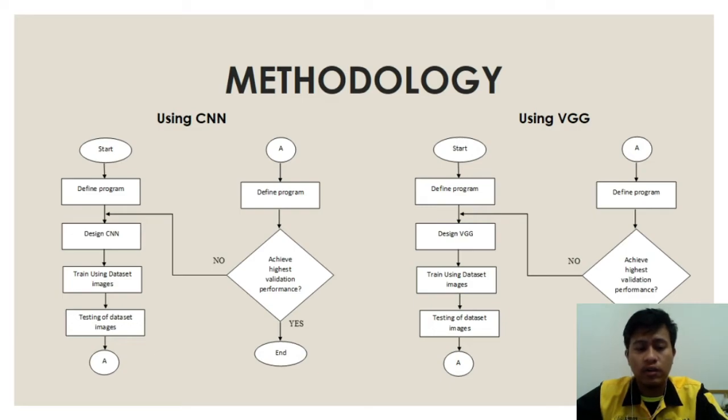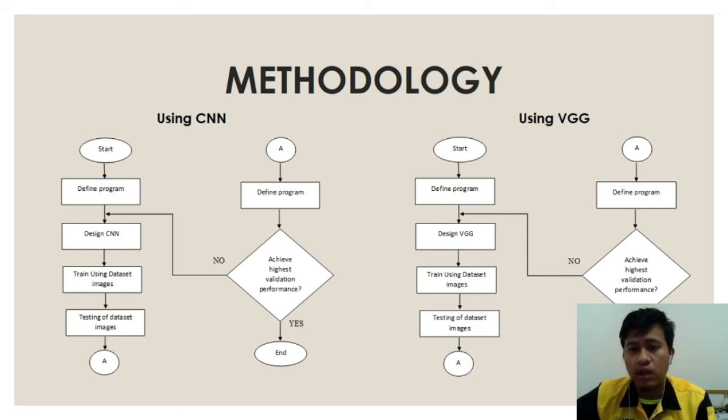After that, for the run, we check if it achieves the highest validation performance, either yes or no. If not, it goes back to the CNN design and repeats the process until it achieves high validation performance. If it achieves high validation performance, then the system will end.